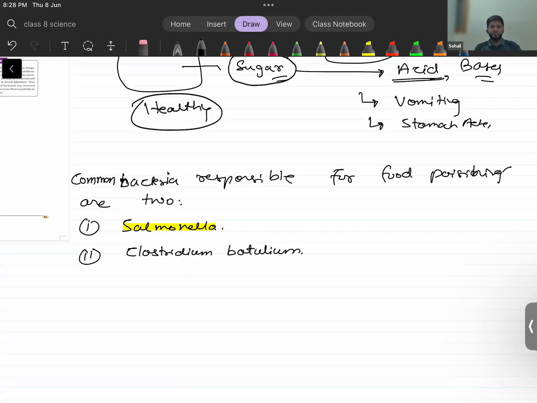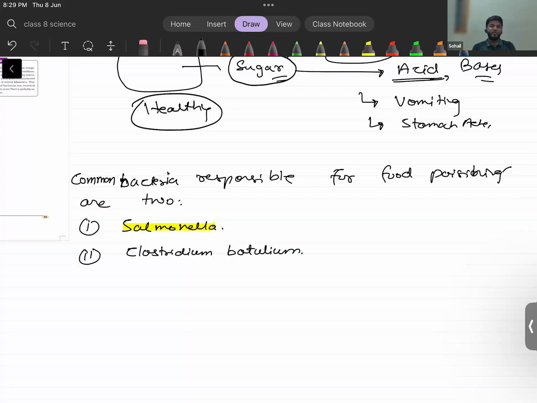Or certain foods are dried in sunlight so that they can be kept for a long time for consumption. Why? Because when certain foods are dried in sunlight, all the moisture is going to evaporate. Since there is no moisture available in the food, in that medium bacteria will also not grow, right guys?